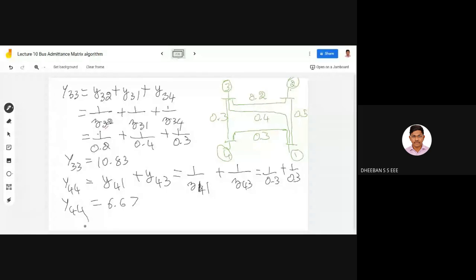Next we'll be moving towards your transfer admittance or your off diagonal elements.